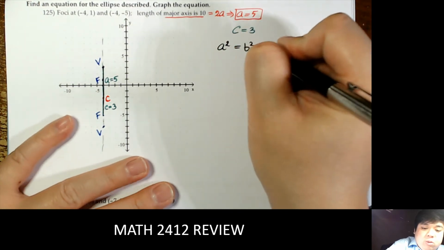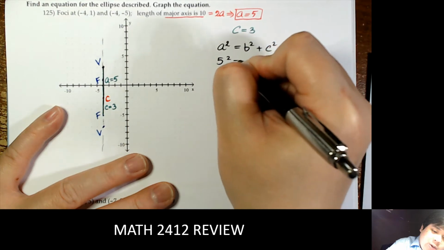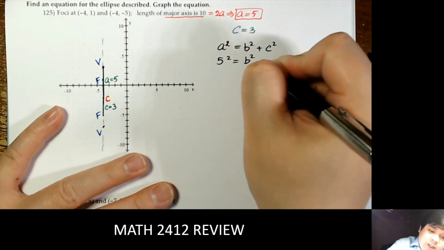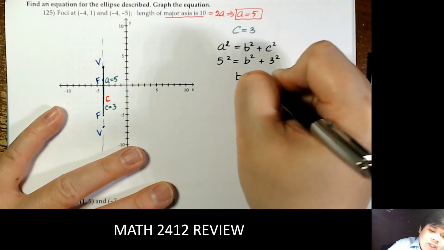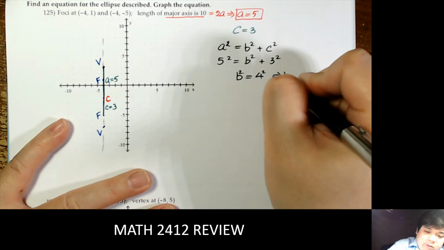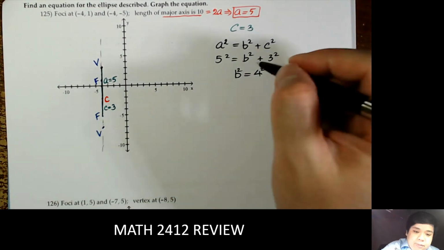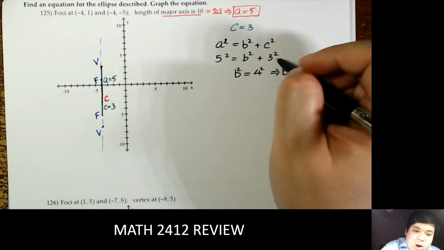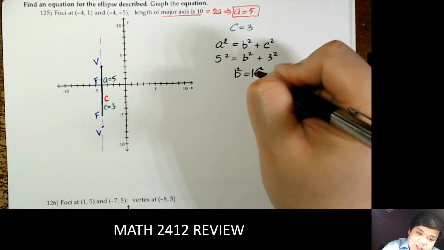A squared equals B squared plus C squared. 5 squared equals B squared plus 3 squared. So B squared is 5 squared minus 3 squared, 16. I should write 16 instead. So B is 4.